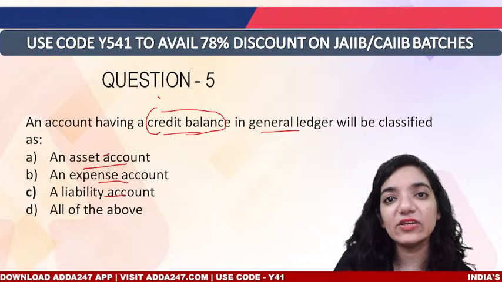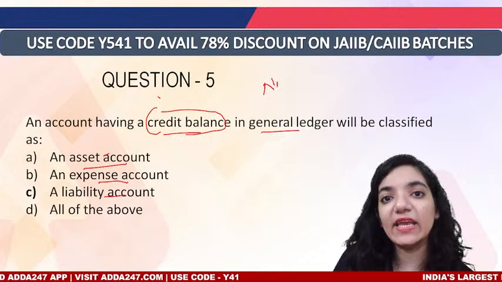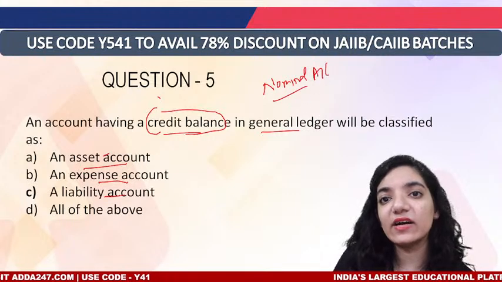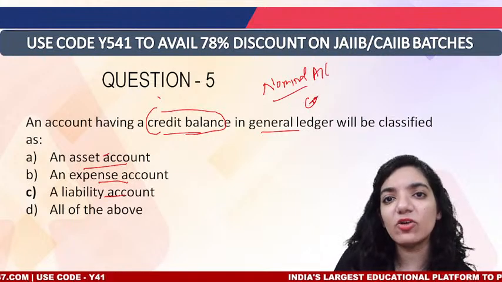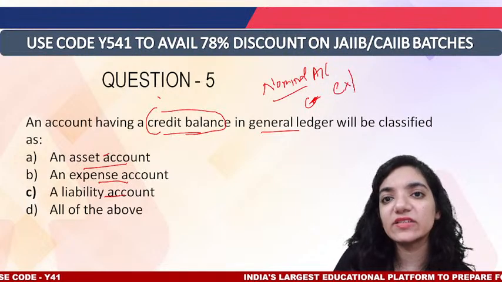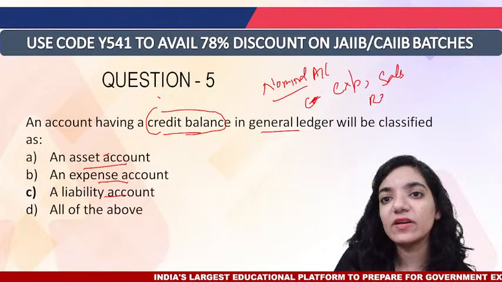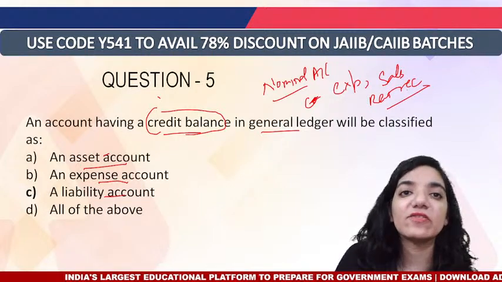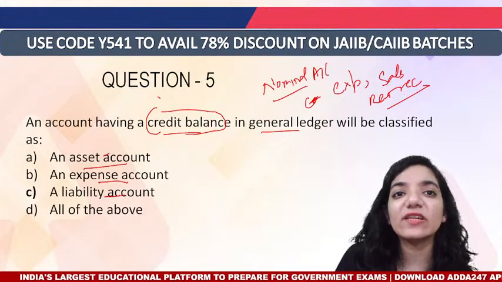Credit balance. The nominal accounts do not carry any balances. Nominal accounts like expenses, like sales, that is income, for example rent received. These accounts are closed by the end of the year. There is no balance to carry for the next year.